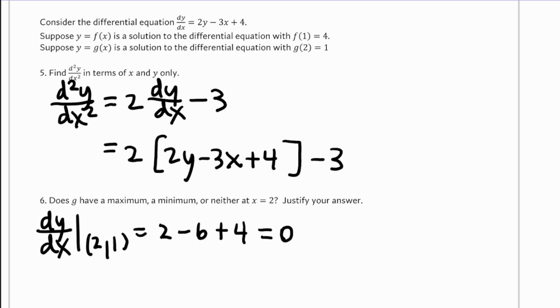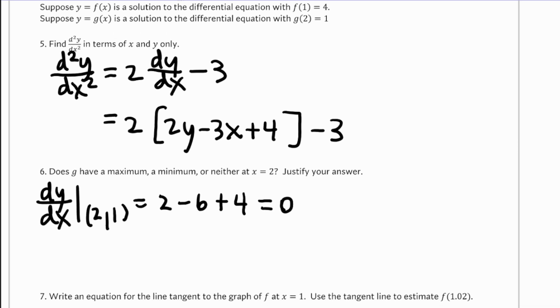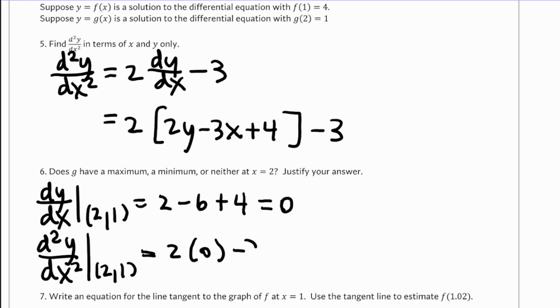So we're sitting at a potential extremum. Then we plug it into the second derivative, which is 2 dy dx minus 3. Since dy dx is 0 and the second derivative is negative 3, which is negative, I am sitting at a relative maximum.